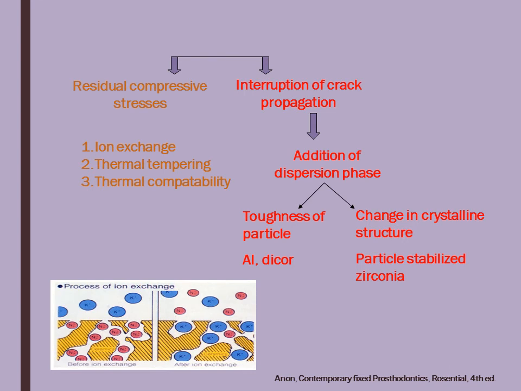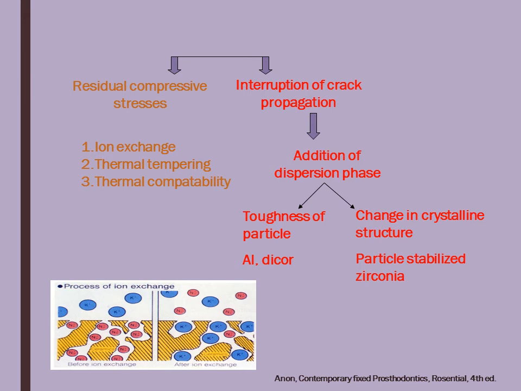Let's look at the types of strengthening, or basically the mechanism of strengthening. The residual compressive stresses can be generated by ion exchange, which we mentioned, the salt bath, thermal tempering, and thermal compatibility. We'll discuss both of these in detail. As you can see from the picture below, in the process of ion exchange, the large potassium ions are moving into place of the sodium ions, and this is generating a residual compressive stress.